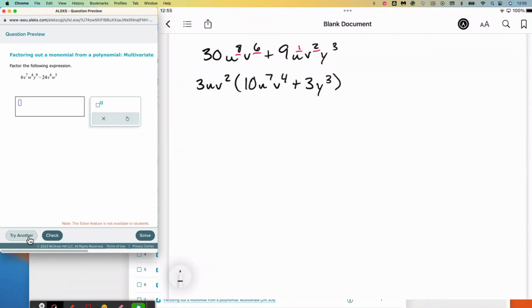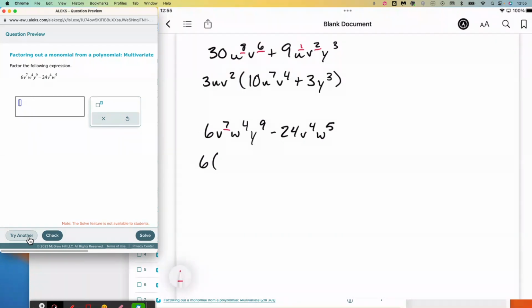Okay, next we have 6v to the 7th w to the 4th y to the 9th minus 24v to the 4th w to the 5th. And so the greatest common factor here of 6 and 24 is going to be 6. And we're going to go through and compare the order of the variables.